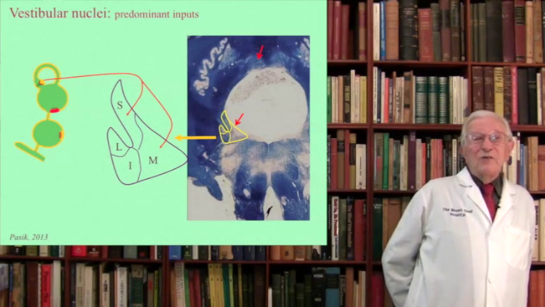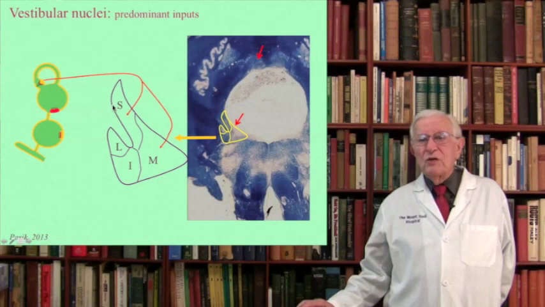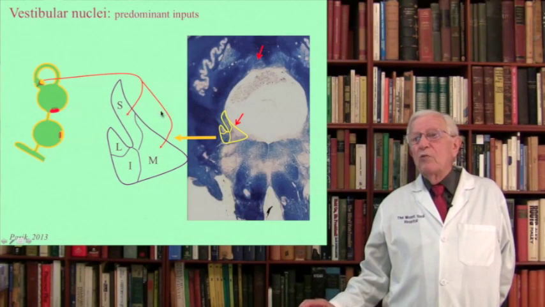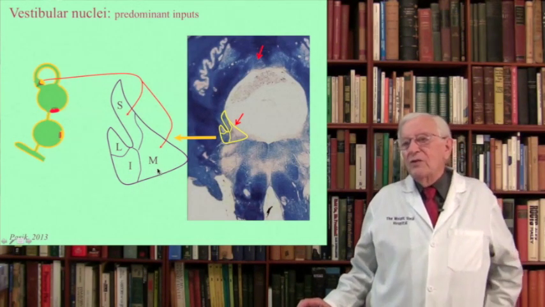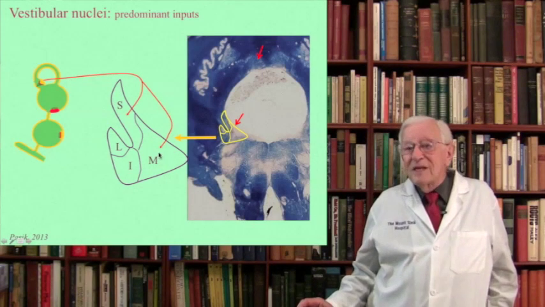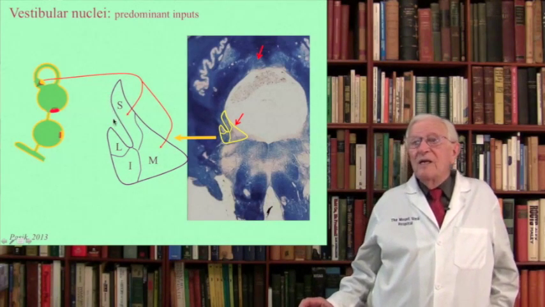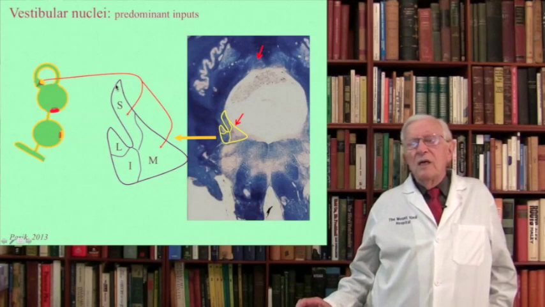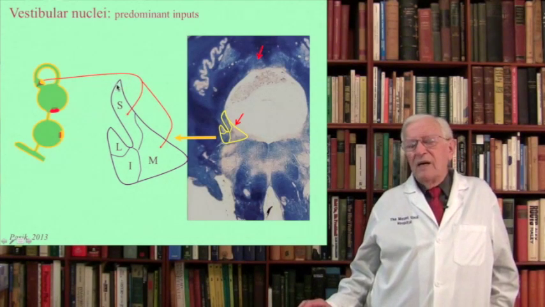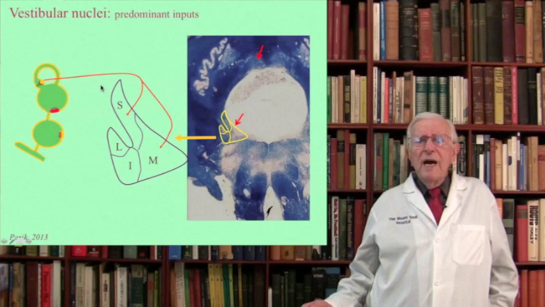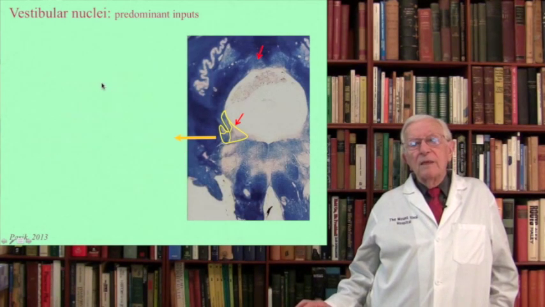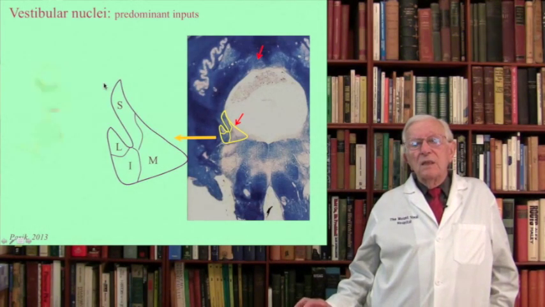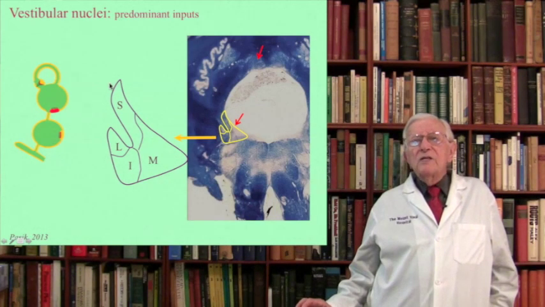But as a rule, if you have a section that is this rostral, you will see only the superior. And if you take a section this caudal, you will see the inferior and the medial. So it's not usual to catch it in such a way that pieces of the four nuclei are apparent. Now, let's discuss inputs to these nuclei.